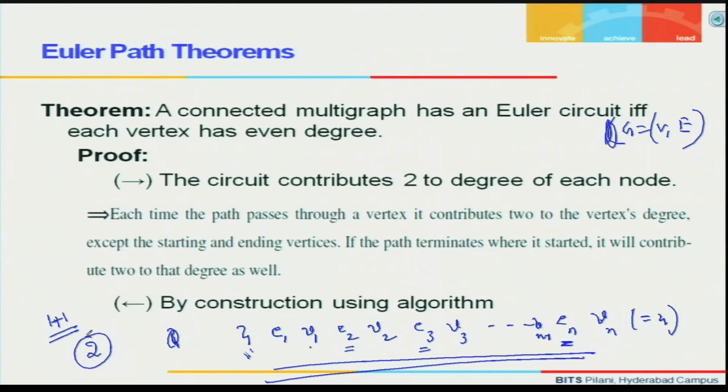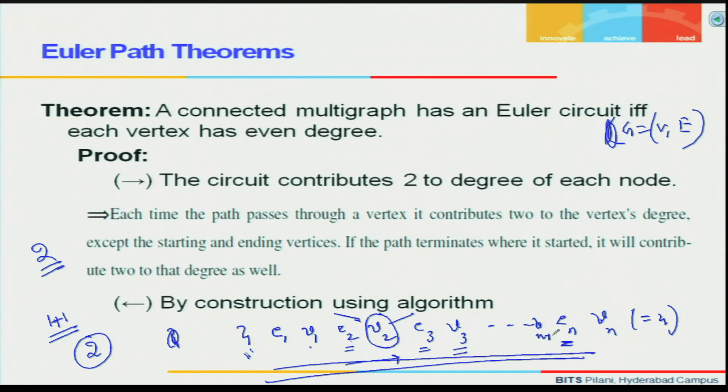And take now any vertex over here, say vertex V2. What is the degree that is being contributed to V2 in this path? There is an edge that is coming to V2 and it is going away from V2. The edge that is coming to V2 is E2 and going away from V2 is E3. So 2 is being contributed to the degree of the vertex V2.